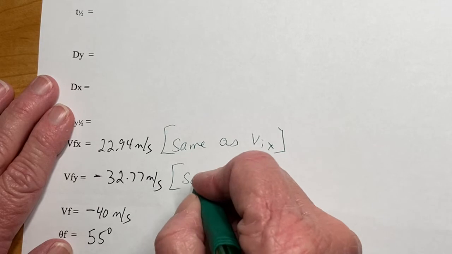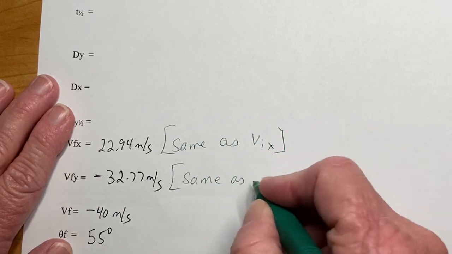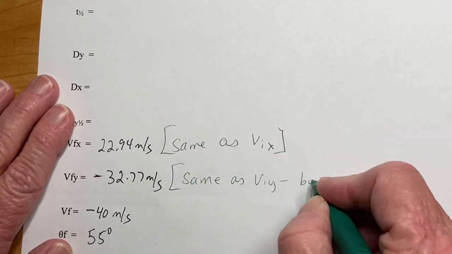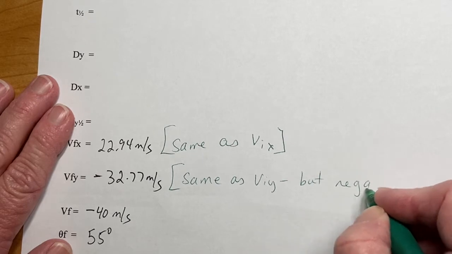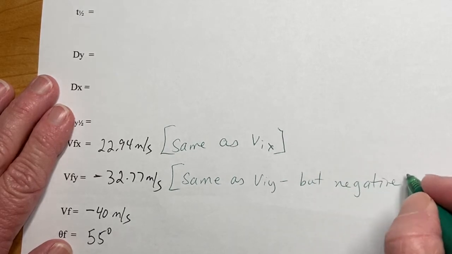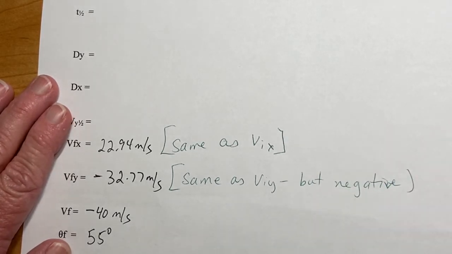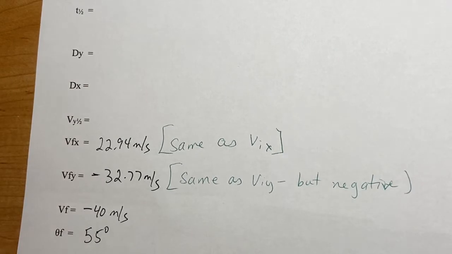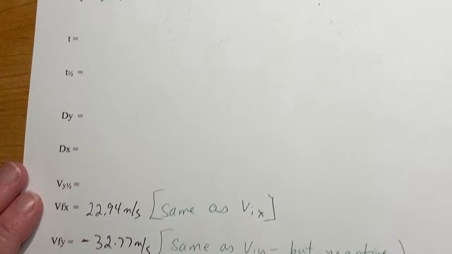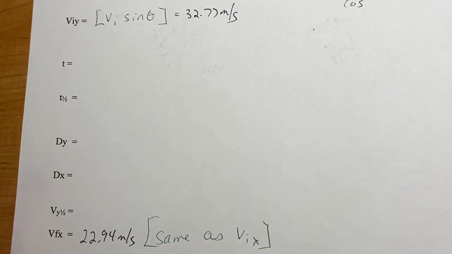Again, it's the same as VIY, but negative. So our chart's filling in pretty quickly here. It's a little different than the cliff problems. All right, so now what do we do to figure all this out?